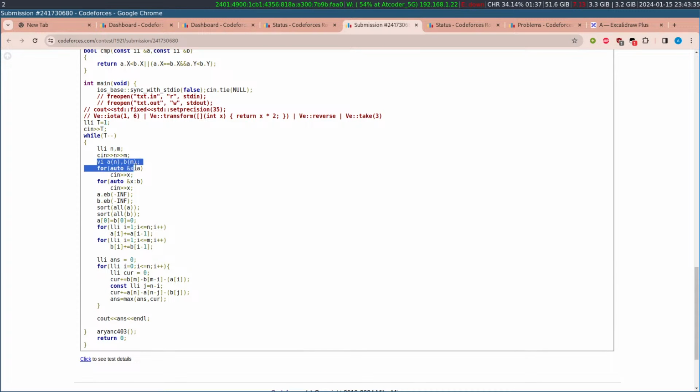First I took A and B as input. Then I sorted A and B, adding minus infinity so that I can make the smallest number 0. You can also put 0 over here, that should be fine. Then prefix sums for A and B, such that now AI denotes the sum of the smallest I elements.